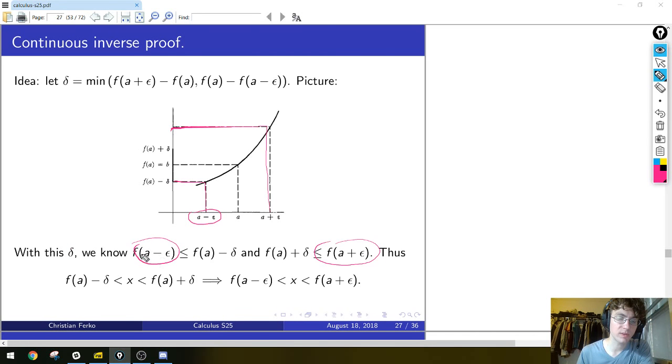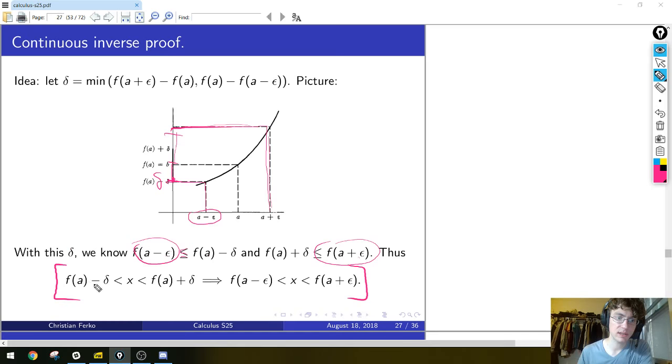So it's always going to be the case that f of a minus epsilon is less than or equal to f of a minus delta, because we've chosen delta to be the difference between these two things. And f of a plus epsilon, the top one, is certainly going to be strictly larger than f of a plus delta. So we've chosen delta to be the smaller distance. If you add the smaller distance, you cannot reach up here to the top. This thing must be greater than f of a plus delta.